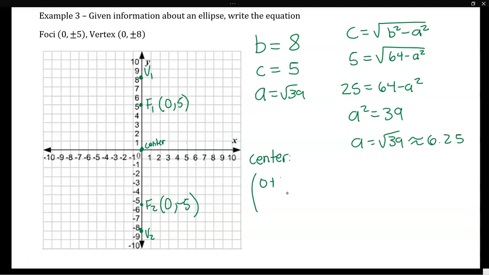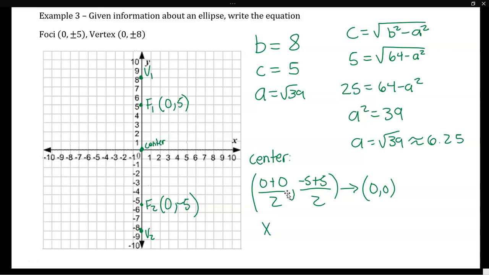So it's 0 plus 0 divided by 2, comma, negative 5 plus 5 divided by 2, which turns out to, again, of course, be 0, 0. So that's the center. But you just do the midpoint from the foci or the midpoint from the two vertex values if you have those, and that gets you the center.